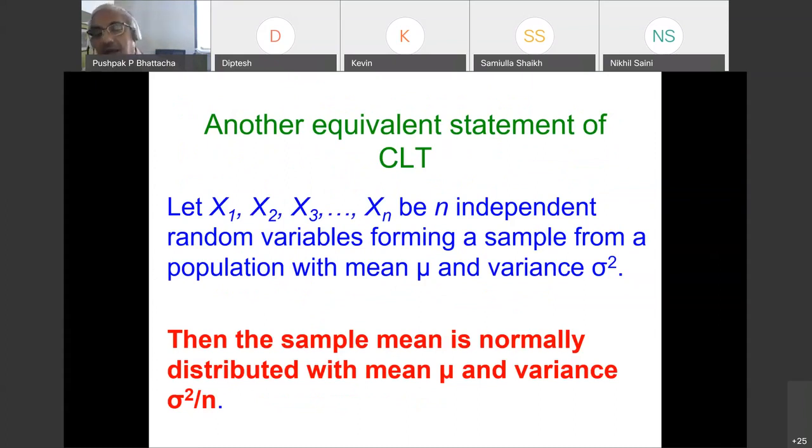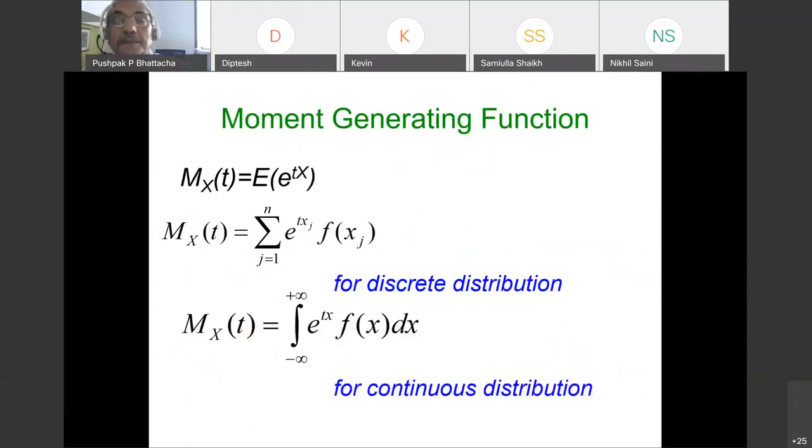But I hope you have been able to see the equivalence between these two statements of central limit theorem. Do keep that in mind. One version is with the summation, the other version is with the mean of the sample.